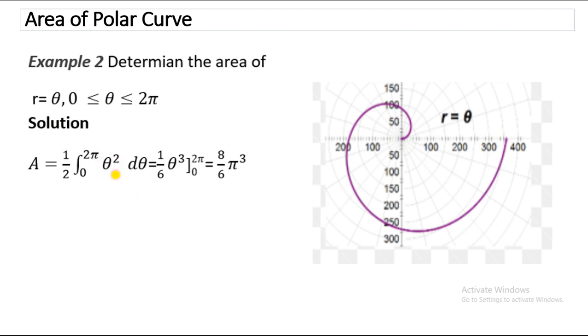Integration of theta square is theta cube over 3, multiplied by half, so it will be 1 over 6 theta cube from 0 until 2 pi. The result is 8 over 6 pi cube. This is the area of this graph.